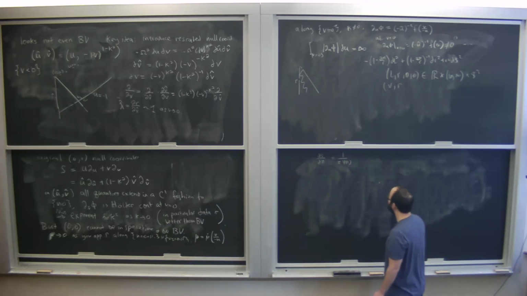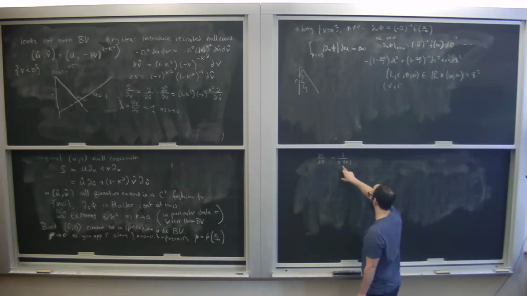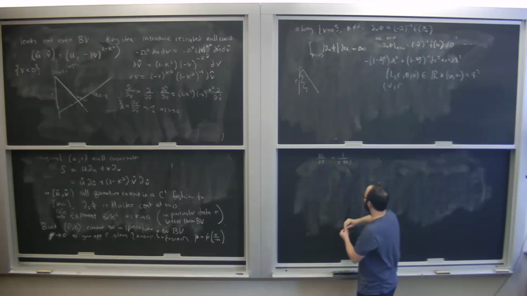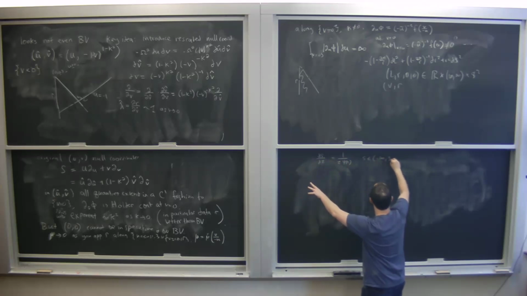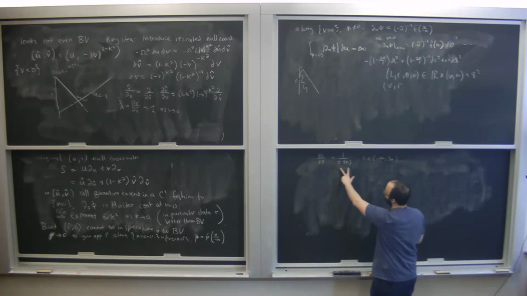Because this goes to infinity, the S ends up being finite, but this ends up being funny. Originally we had S up to here, and possibly something funny happens at S equals 0.